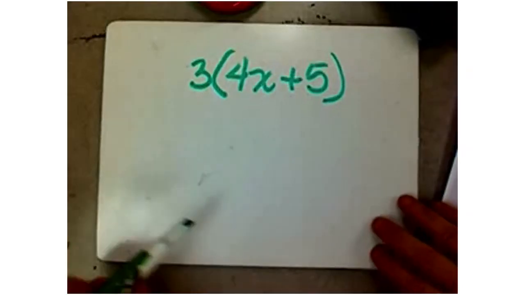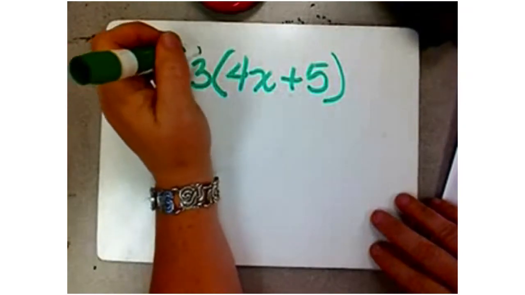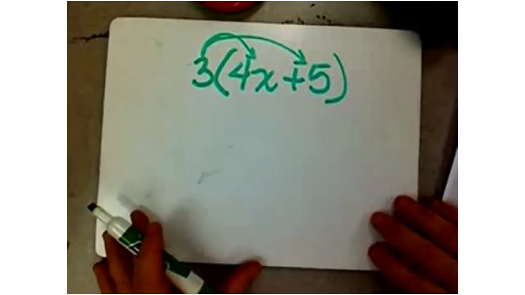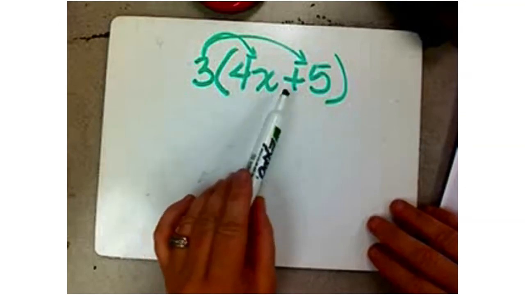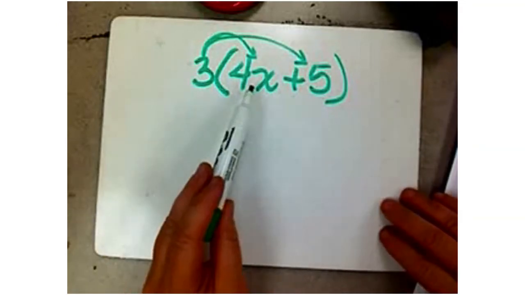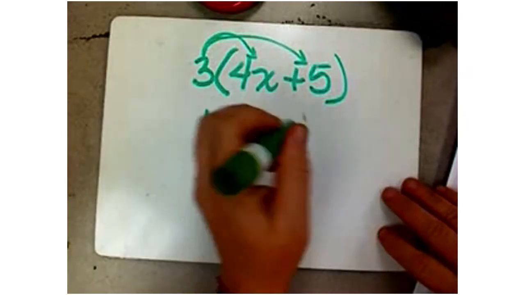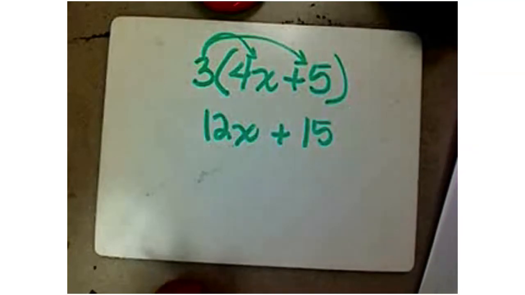Recall the distributive property says that if we have a number outside of a parenthesis, it is multiplying everything on the inside. So 3(4x + 5) means 3 times 4x, which is 12x, plus 3 times 5, which is 15. So you rewrite it 12x + 15. That's what you'll do with examples like that.